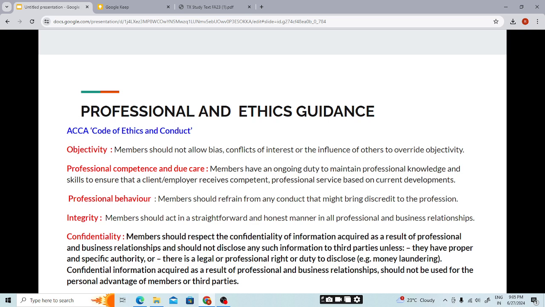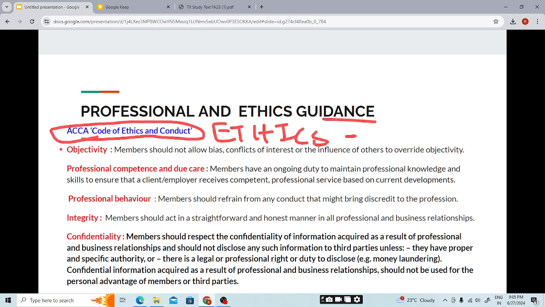So the tax practitioner should have professional and ethics guidance, some values, whether you are an accountant or in taxation. The ethics are the ACCA code of ethics and conduct.